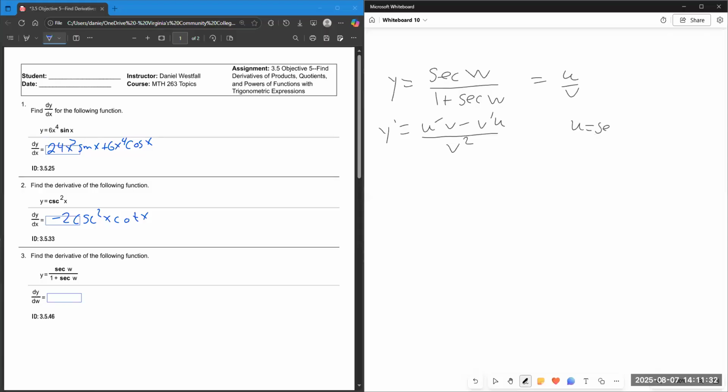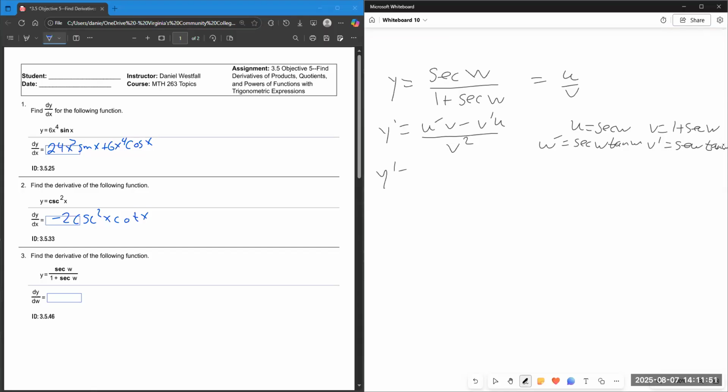U is equal to secant w. V is 1 plus secant w. U prime is secant w tangent w. V prime is also secant w tangent w.